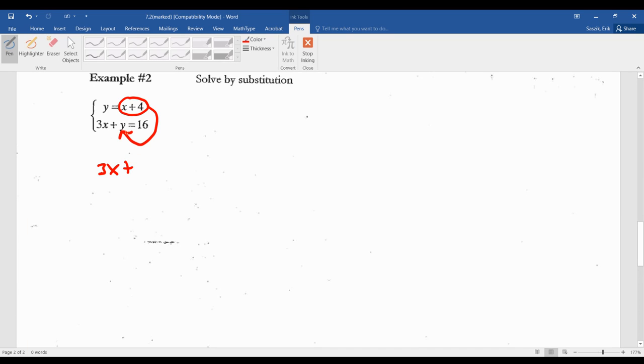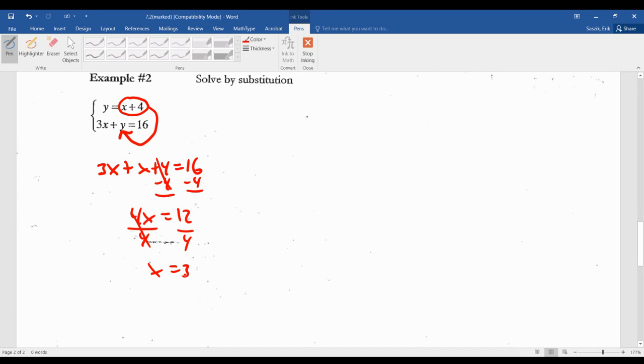But instead of writing 3x plus y, we're going to write 3x plus x plus 4 equals 16. I'm going to combine like terms, 3x plus x is 4x, and move the 4 over at the same time. And you get x equals 3.